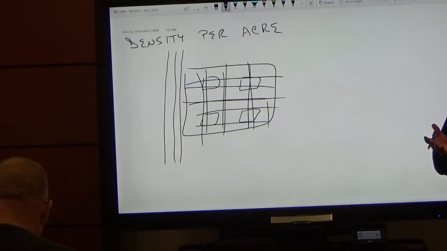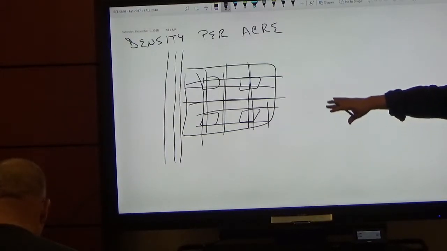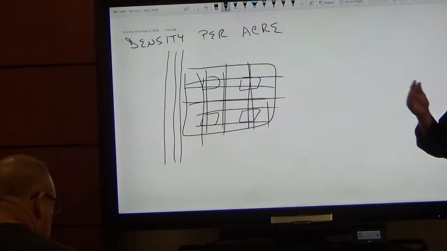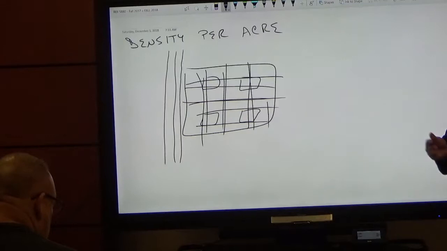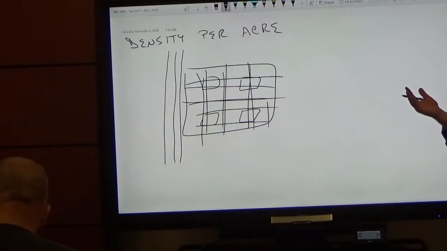How many units you can build on that land, what quality the units are, how tall they are, all of that feeds back into the underlying value of that land. The cheapest value of land is probably going to be agricultural use. But then you can also have a situation where the city says, it's going to be parkland. And that parkland is not going to have any income associated with it. So you're sort of left holding the bag on that one.